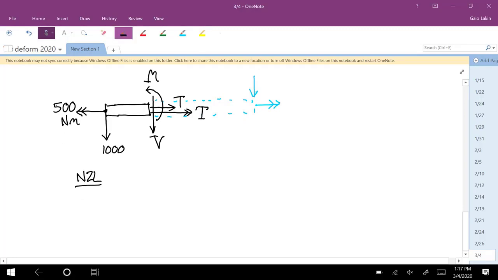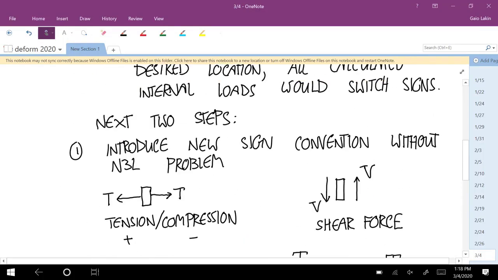So we have no x forces. We have this downward 1,000 Newton force, so 0, negative 1,000. Yes, exactly.